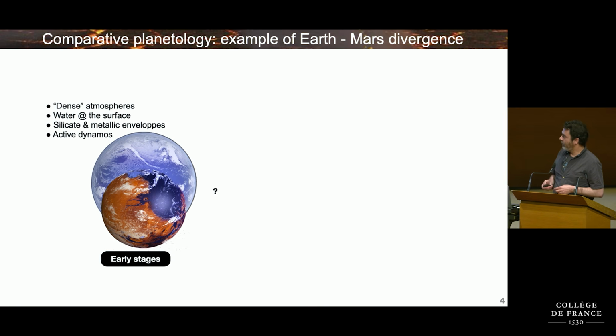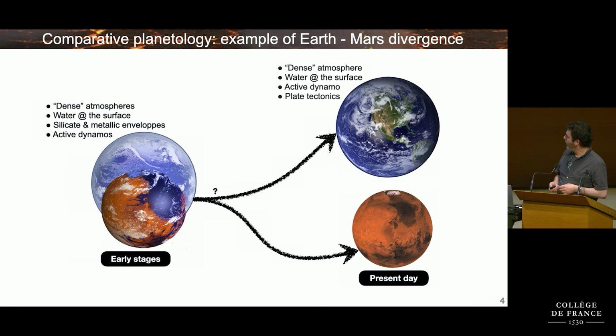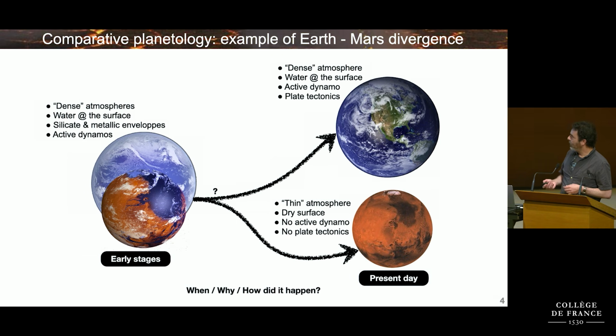And they both had active dynamos, and that was a long time ago, but then something happened, and those two planets evolved differently. The Earth is pretty much the same as it was before, so still habitable, still liquid water at the surface, still active dynamos, still plate tectonics. On the other hand, Mars has a thin atmosphere, a dry surface, no active dynamo, and no plate tectonics. So we want to understand, for instance, why and how and when this happened.